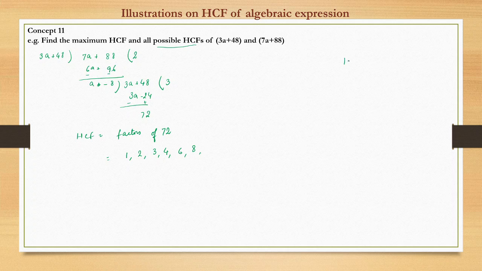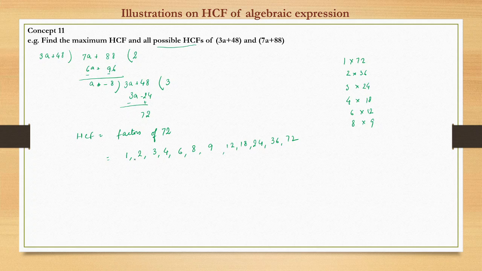And just for the sake of it, we can write 1 into 72, 2 into 36, 3 into 24, 4 into 18, 6 into 12, then 8 into 9. Okay, so now from here we'll go upwards, 9, 12, 18, 24, 36, 72.